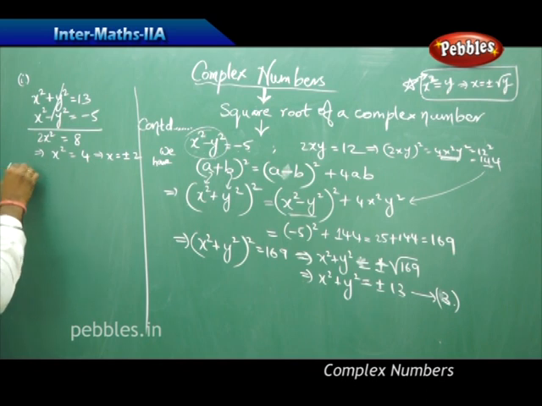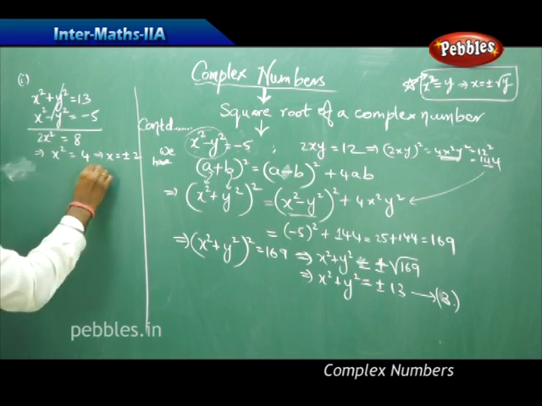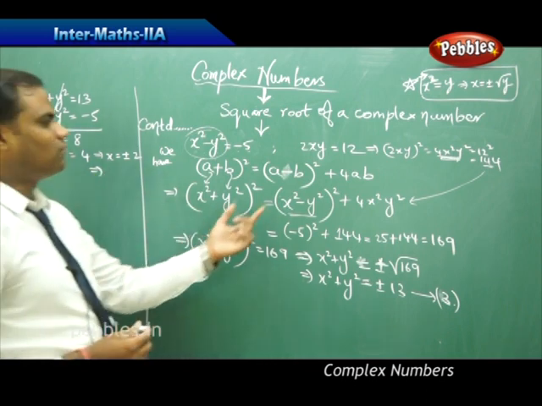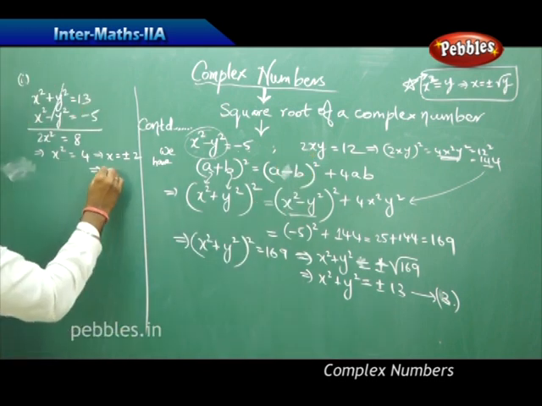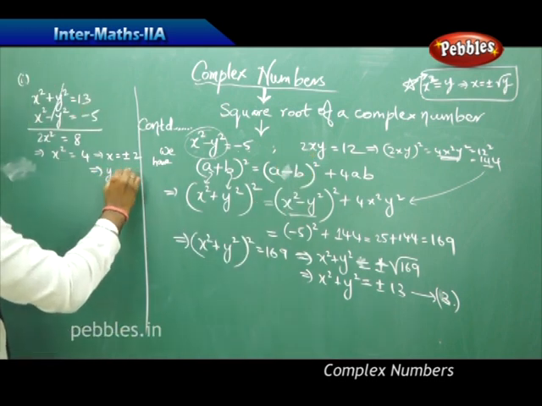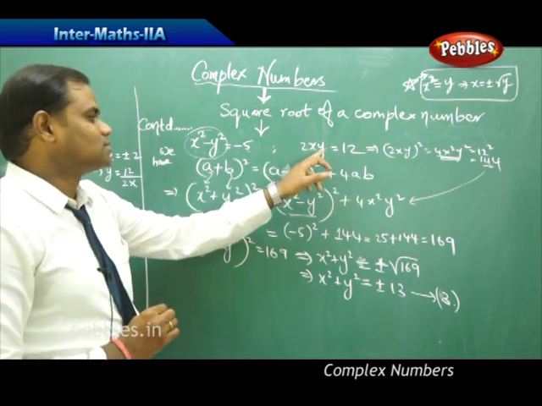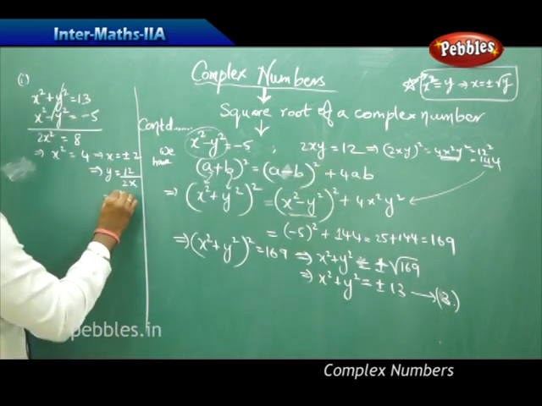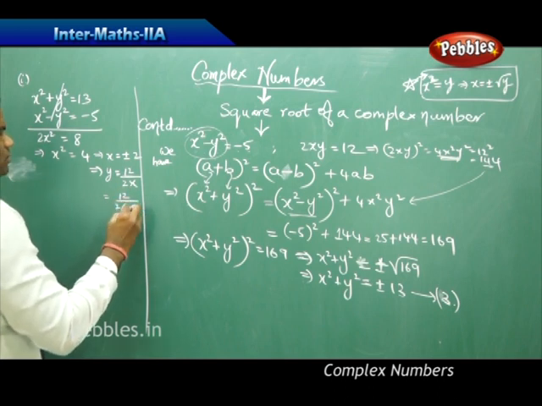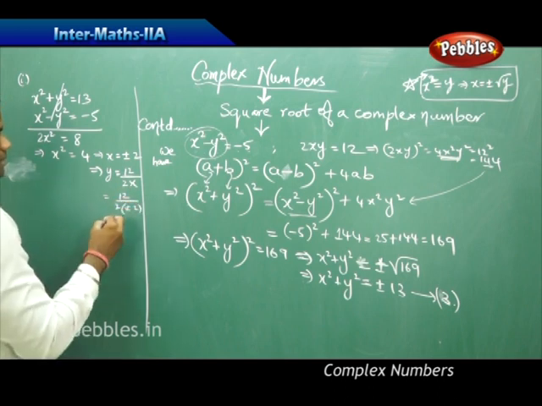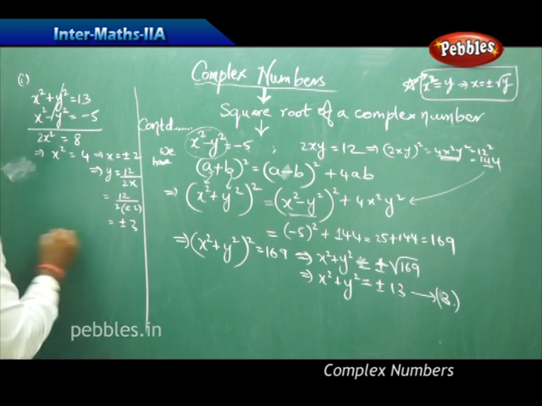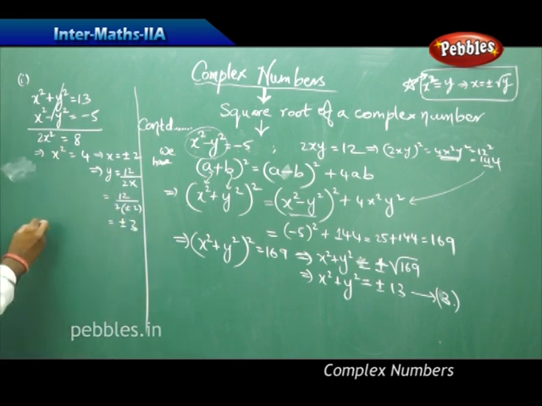Similarly, in this case, when x is plus or minus 2, my y is nothing but 12 by 2x, because 2xy is 12, so y is 12 by 2x, which I get as 12 by 2 times x. This is plus or minus 2. So on the whole, this is plus or minus 3.